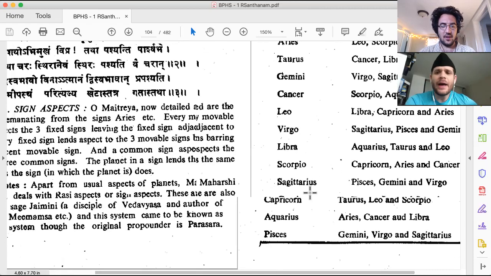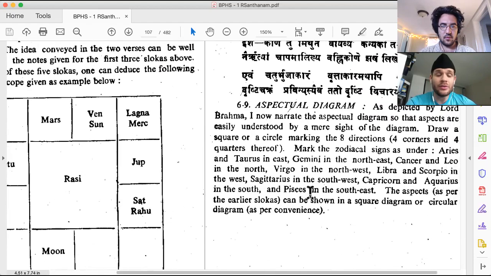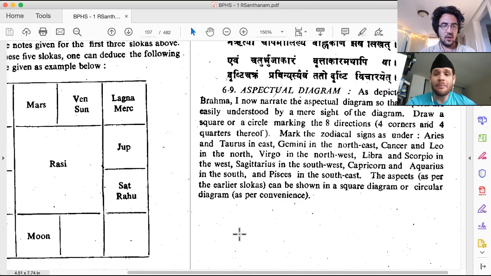We didn't mention something very important in the introduction, and that is that Brihat Parashara Hora Shastra stands out from the other classics because Parashara in Vedic tradition is considered a Maharishi. He's closer to the Saptarishis and the ancient sages, while other books like Brihat Jataka, written by Varahamihira, Saravali, and Phaladeepika were written by people who were just normal astrologers.